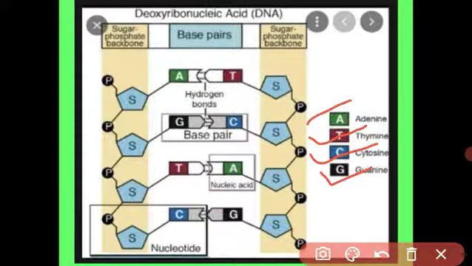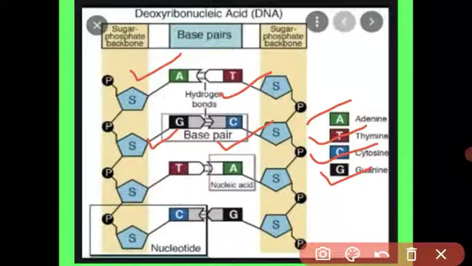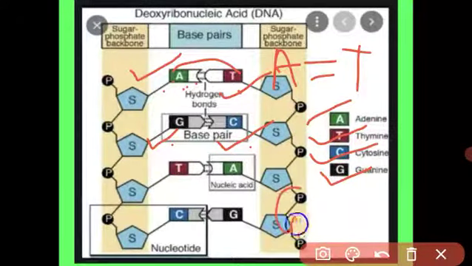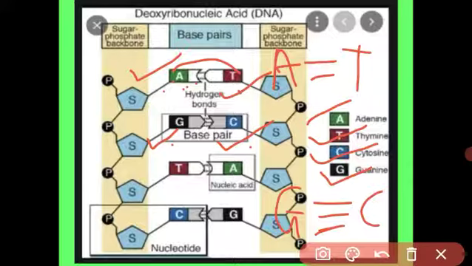See, adenine always bonds with thymine, and guanine always bonds with cytosine, meaning they are always in pairs. These paired nitrogenous bases are held by hydrogen bonds. Adenine and thymine have a double hydrogen bond, and guanine and cytosine have a triple hydrogen bond. You know hydrogen bonds? In chemistry you have studied hydrogen bonds.